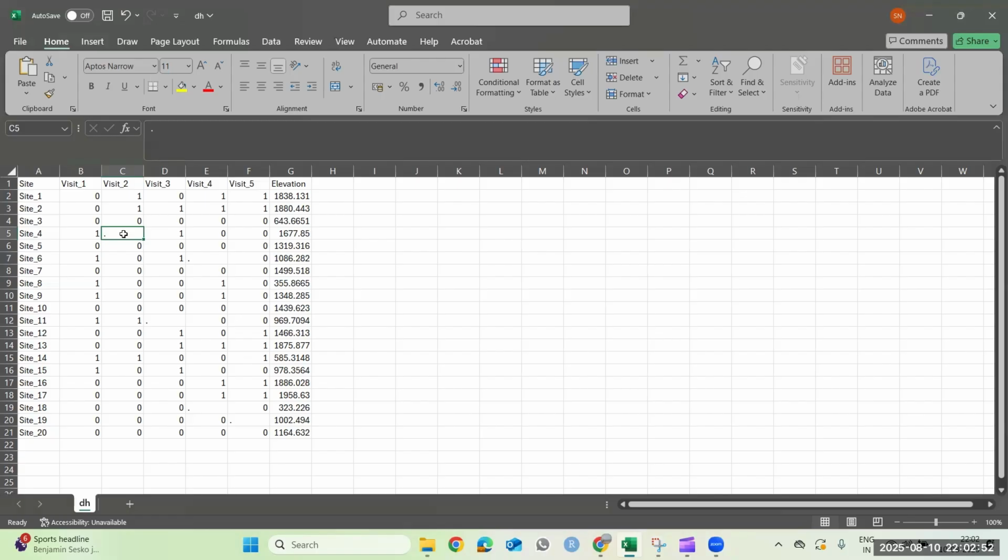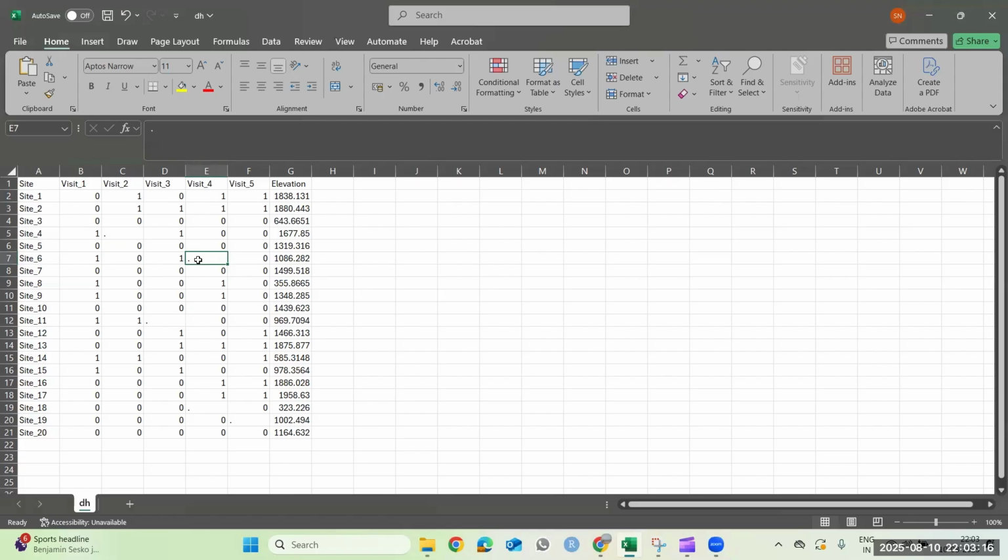Now, in the occupancy modeling framework, this is a very good flexibility that we get: we can incorporate our missing replicates into our models, right? So this is a missing replicate, but we do not have to hide it or manage the data in some way.